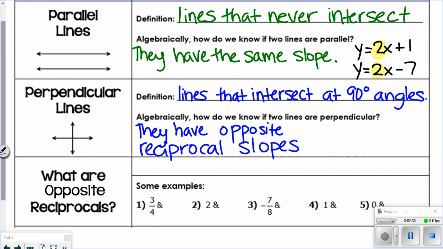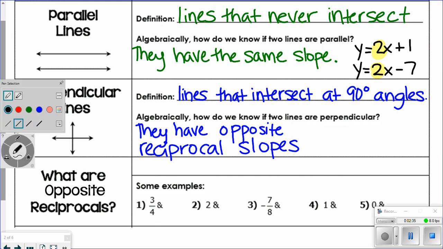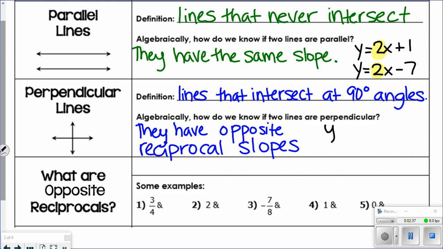So if I have y equals 2x plus 3, opposite means if one is positive, the second one has to be negative. So if this is a positive 2, I need to make this a negative slope for the second line.